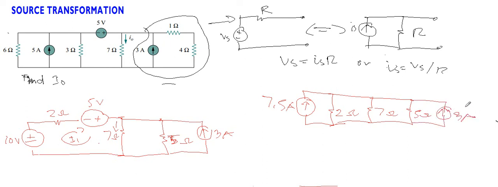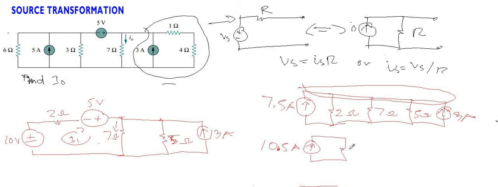So now, 7.5 and also 3 ampere is entering in this node. So meaning, we have 10.5 ampere. Yung 10.5 ampere na yan is paghahati-hatian sa 2 ohms, 7 ohms, and also 5 ohms.